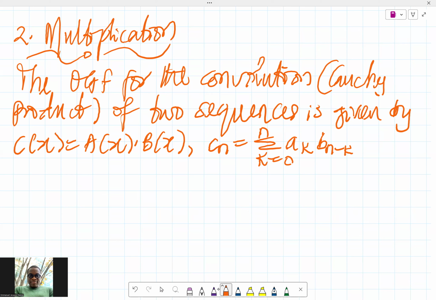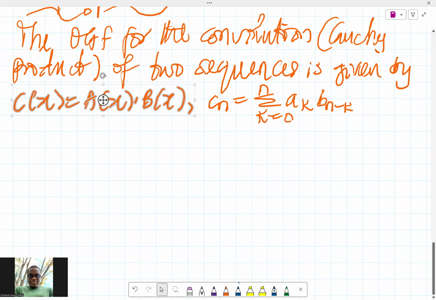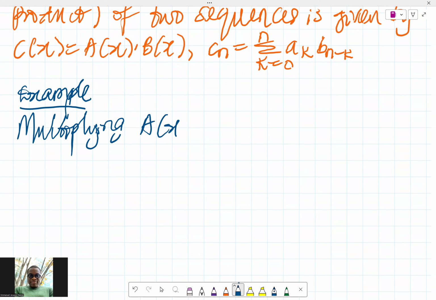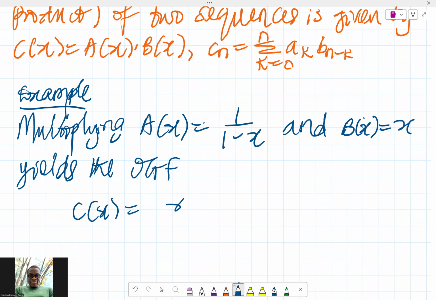Example. Multiplying a(x), which is the same thing as 1 over 1 minus x, and b(x), which is equal to x, yields the OGF c(x) equals x over 1 minus x.